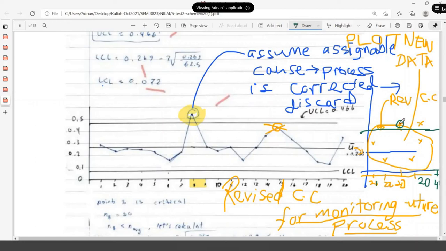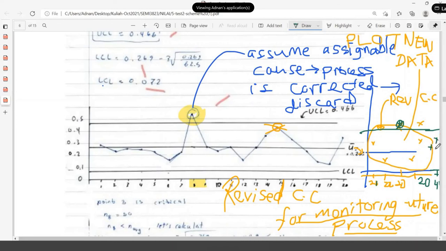Unless the process is very serious, you don't revise yet. If the process is very serious, you stop the process, make correction, or whenever you adjust the process, you have to adjust the control limit too. That requires revision. But if you don't do any adjustment, say you know that this process is out, and then you run, it comes back to the normal process.